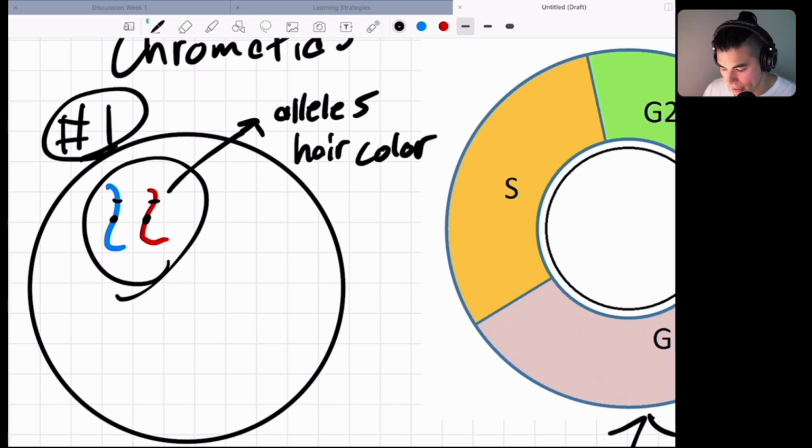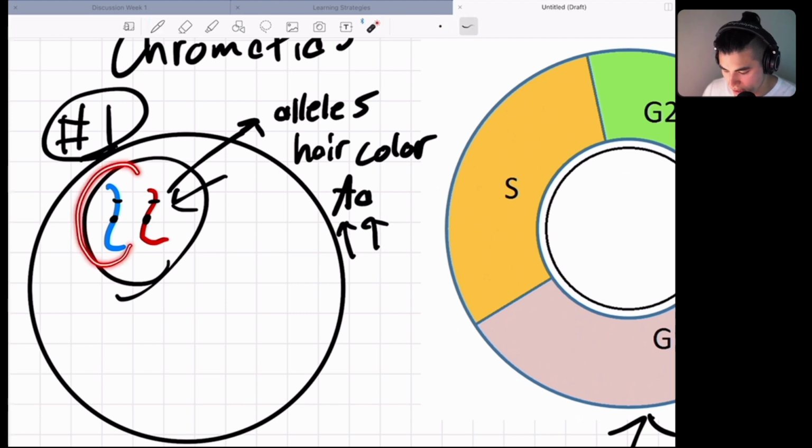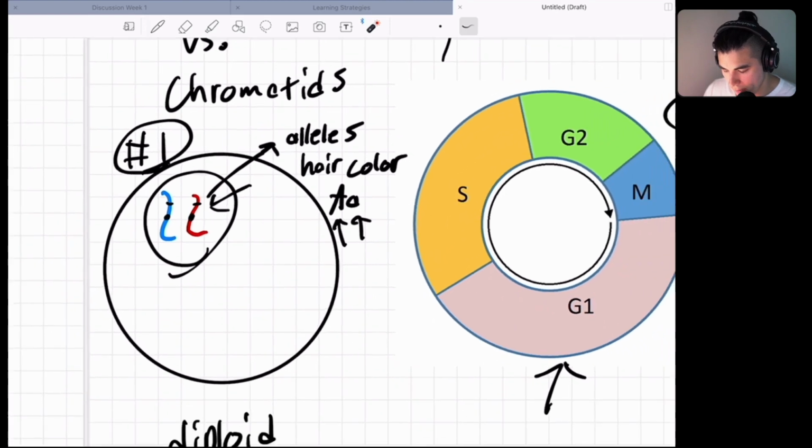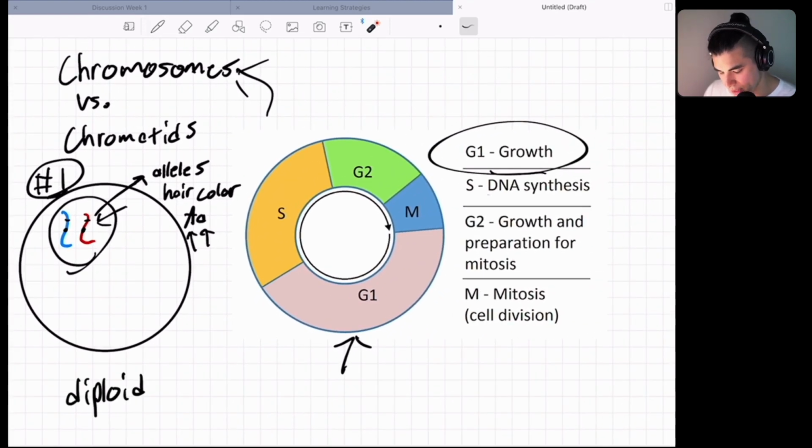I have an allele for Asian hair, so let's say A, and I have an allele for brown or blonde hair from my mom, so let's call that little a. This is dominant and this is recessive. It's important to point out that this chromosome I got from my dad, and this chromosome I got from my mom. In the same position are 2 different alleles for the same gene. So that's just me existing.